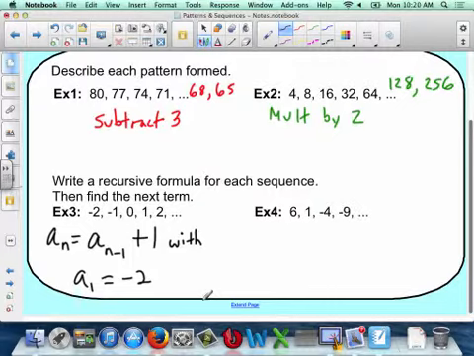Alright, let's take a look at number 4. Patrick, describe to me what's happening at number 4. Subtracting by 5, okay. So, Callie, help me out here. How do I start this formula?